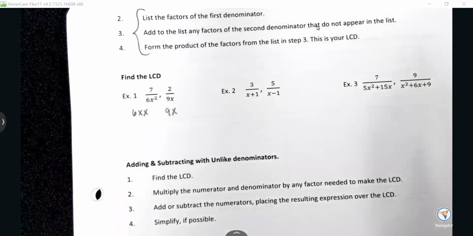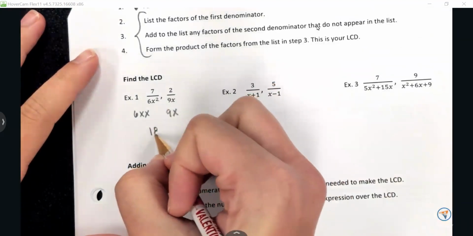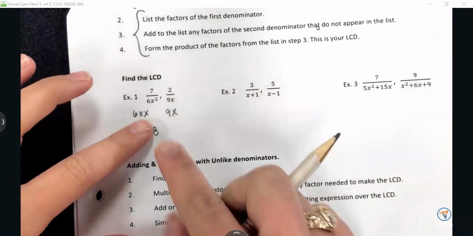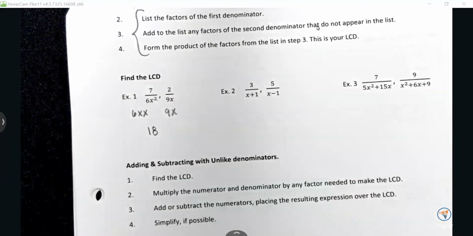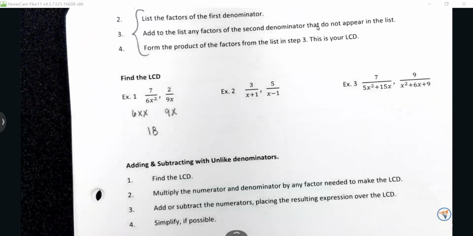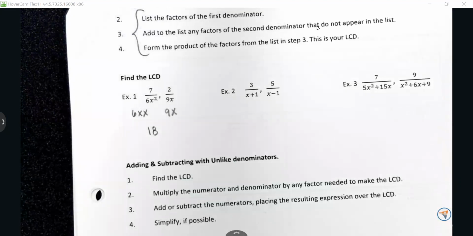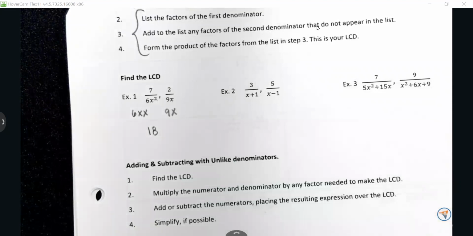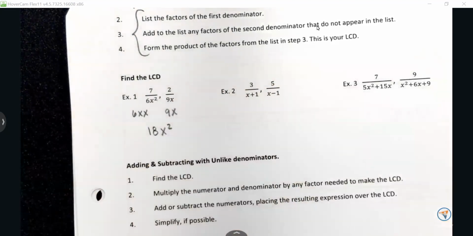But it's not just 18. So 18 is my number. If the person on the left has 2 x's and the person on the right has 1 x, they have to have the same amount. You can never go smaller, okay? So how many x's will they both have to have? 2. So it'll be 18x squared.